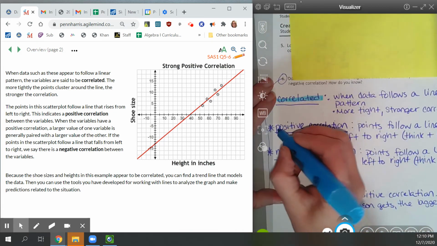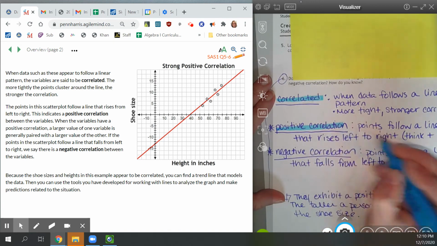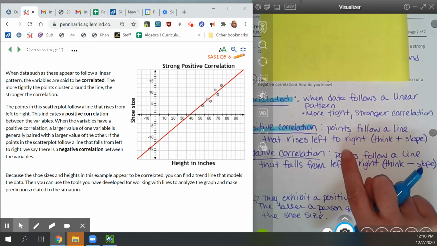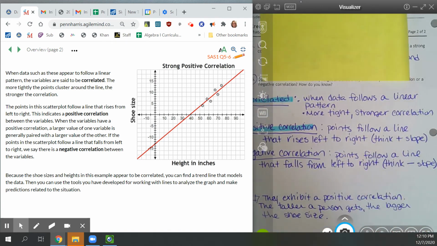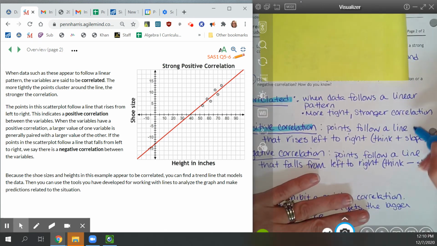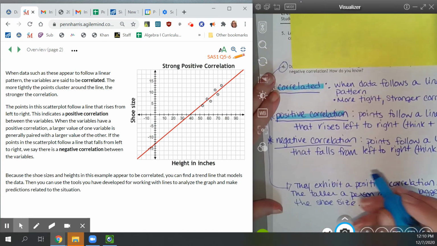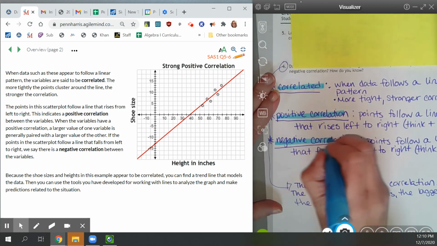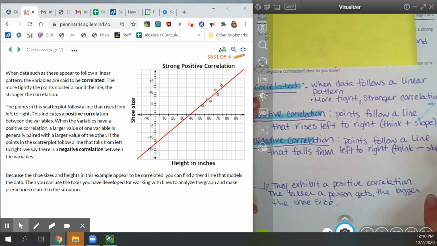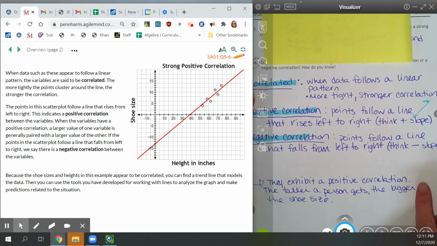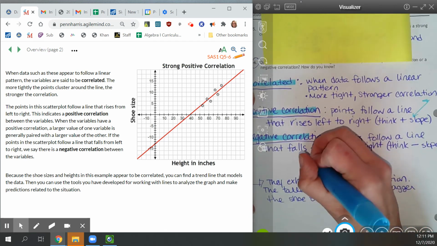Then we have a positive correlation, just like a positive slope. The points follow a line that rises from left to right. I want you guys to think slope on this. And then we have negative correlation, which is points that follow a line that falls from left to right. Again, think negative slope.